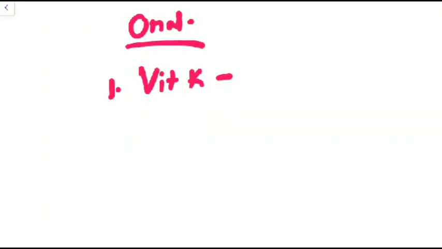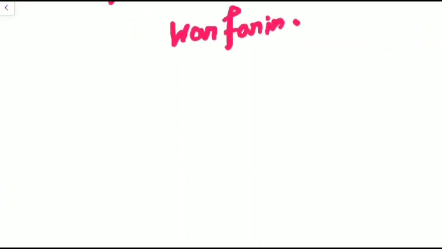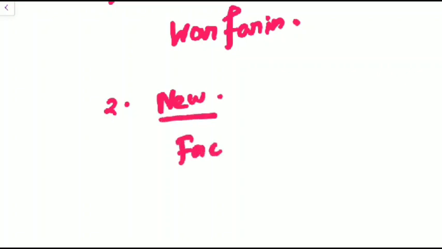Now we'll discuss oral anticoagulants. First is vitamin K antagonist, and the example is warfarin. And a few new oral anticoagulants. First is factor 10A inhibitor.